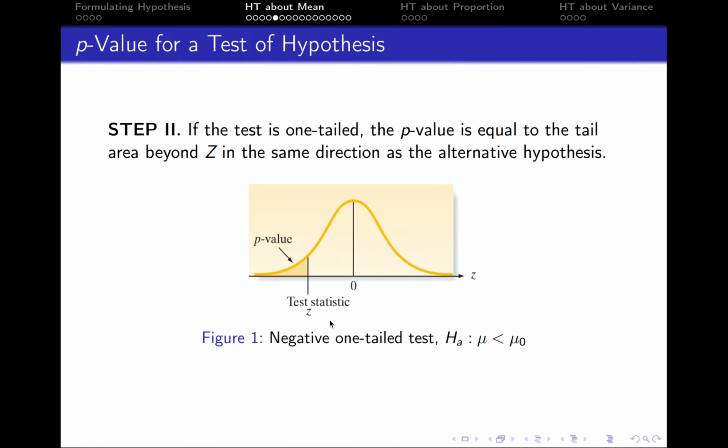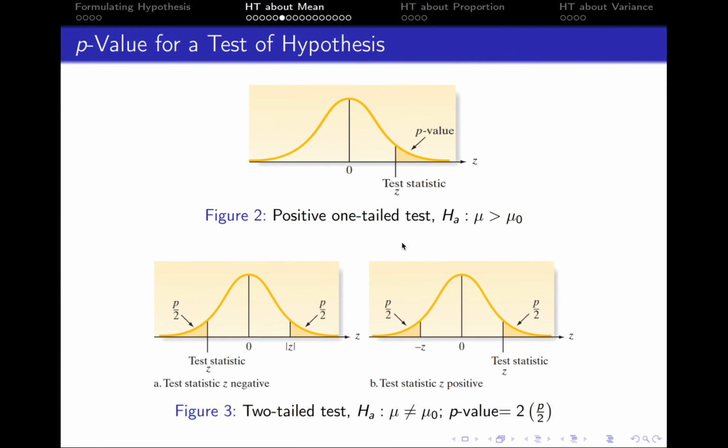So for example, in case of the negative one-tail test, the p-value will be the area underneath this distribution curve to the left of the z-score. So we would need to take 1 and subtract this area, which will be equal to the area between 0 and z-score, and 0.5, so the right side of the distribution.